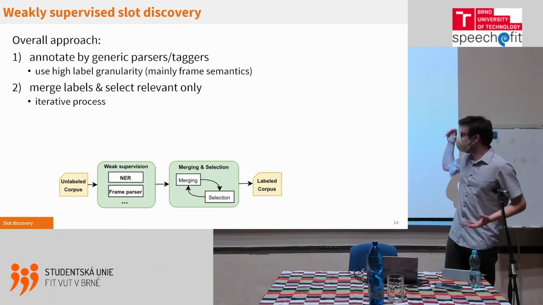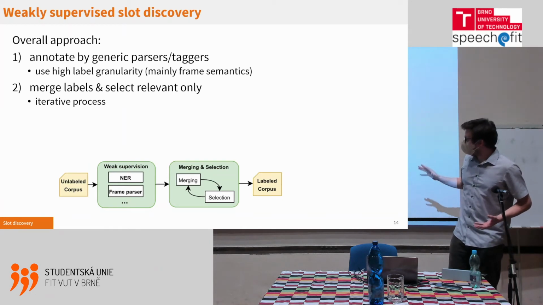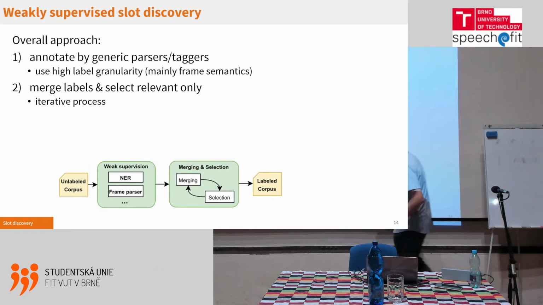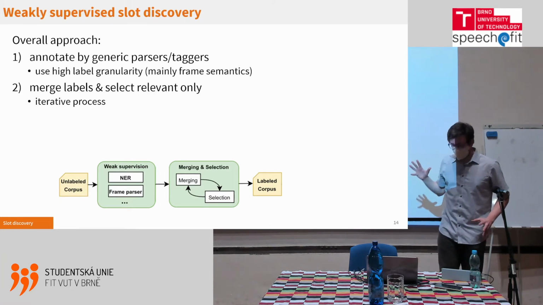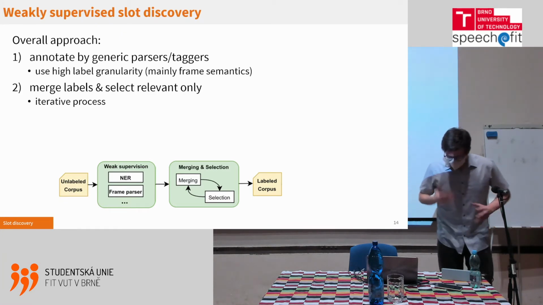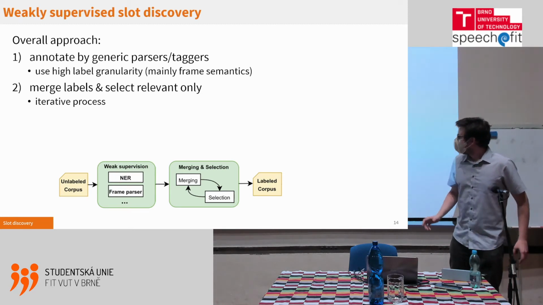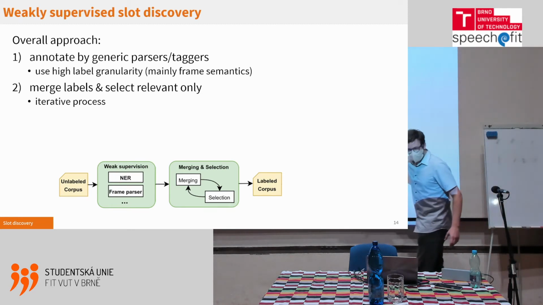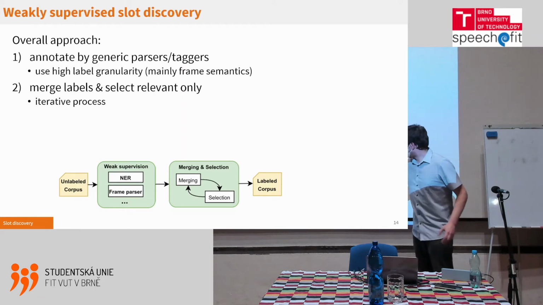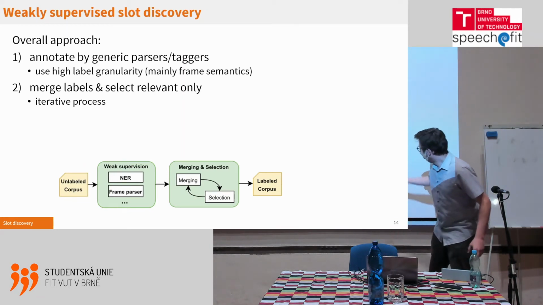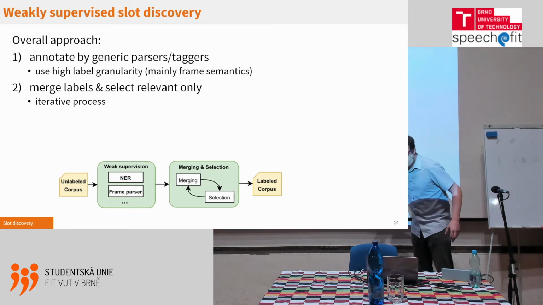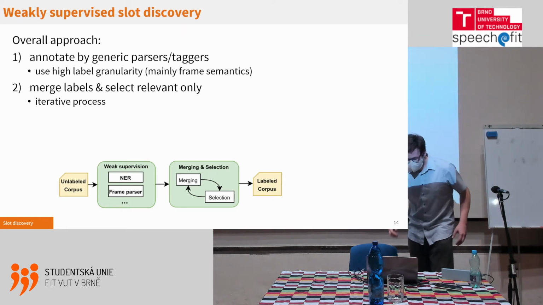If you're working with restaurants, which parts of what you get from the frame parser or the entity recognizer are actually relevant to your dialogue about restaurants. So this bit is an iterative merging and selection, which I'm going to show in a bit. And you get a labeled data set out of the unlabeled one.